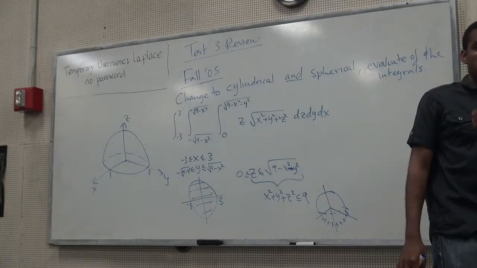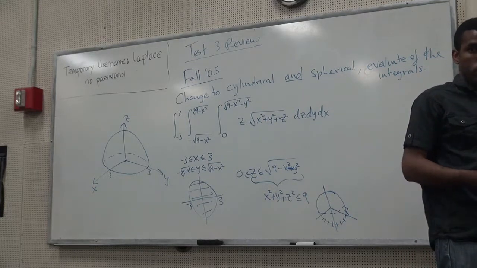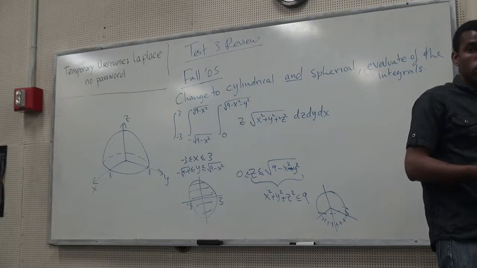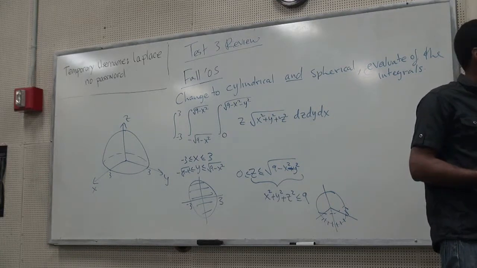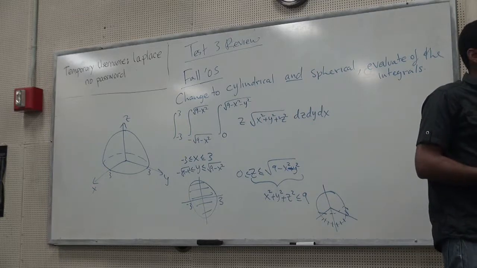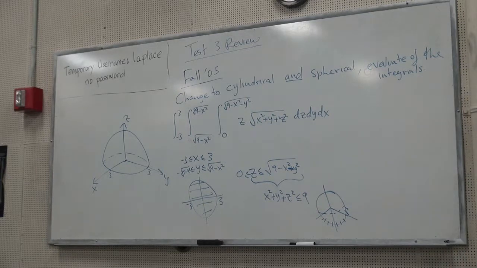How do you evaluate that? Well, you need to use substitution, right? For r squared plus z squared. You're doing dz first, so you do a u substitution for the z. So u equals r squared plus z squared, and your du would be 2z dz.